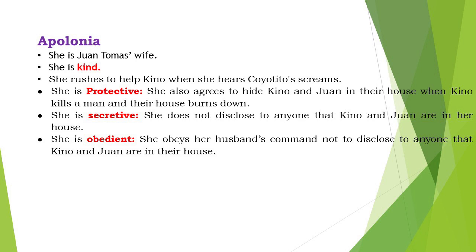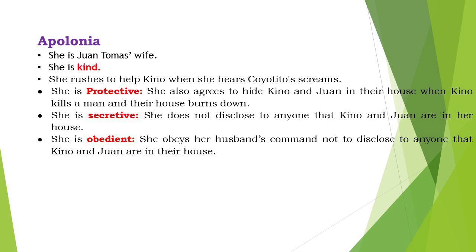Apollonia is Juan Tomas's wife. She is kind, and we see this in many instances. She rushes to help Kino when she hears Coyotito's screams. She is also protective, and we see this in many instances. She also agrees to hide Kino and Juana in their house when Kino kills a man and their house burns down.